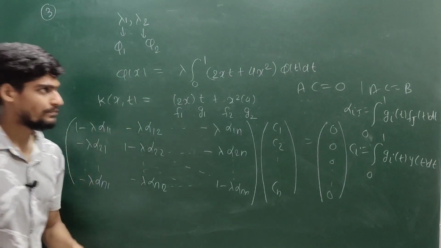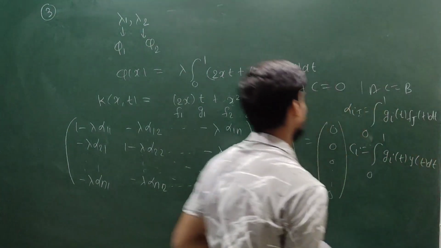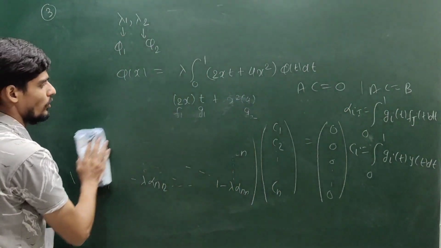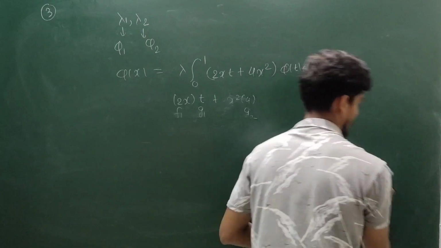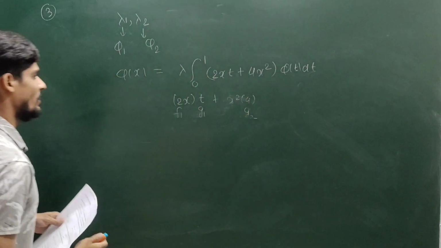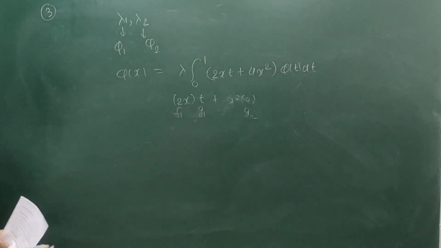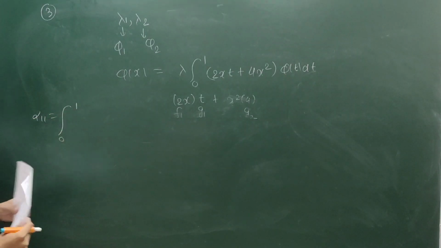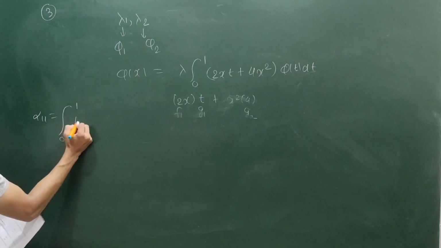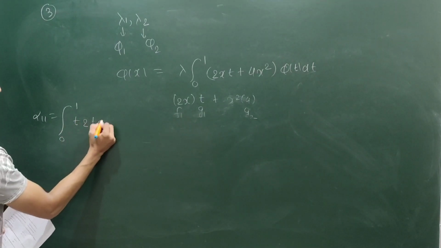Now let me give you the explicit form for our requirement. So let us calculate alpha 11, alpha 12, alpha 21 and alpha 22. Alpha 11 will be integral 0 to 1, g1 is t, f1 is 2t, dt.